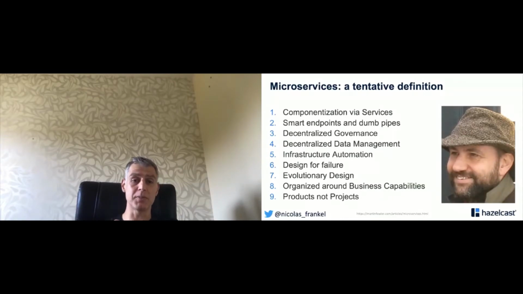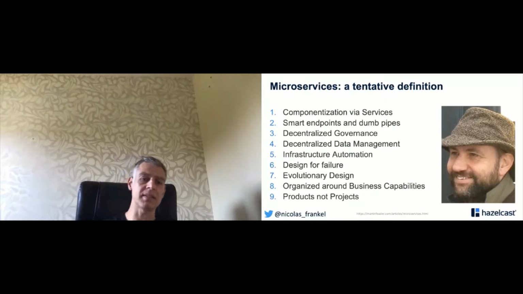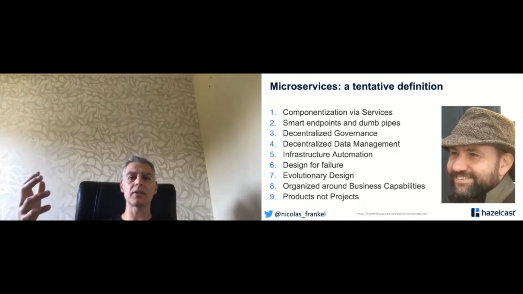The difference between a project and a product is that a project has an end date. You have a budget, it starts on date X, it ends on date Y. And on date Y, you need to deliver all the scope. You cannot have a microservice architecture if you work like that. So if you are not doing microservices according to that definition, that's fine.